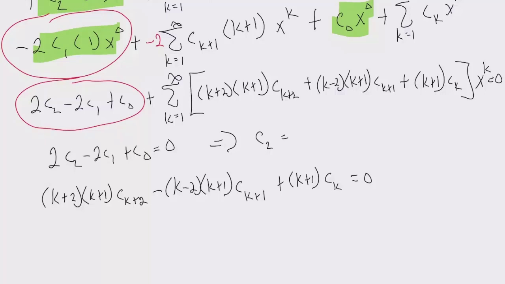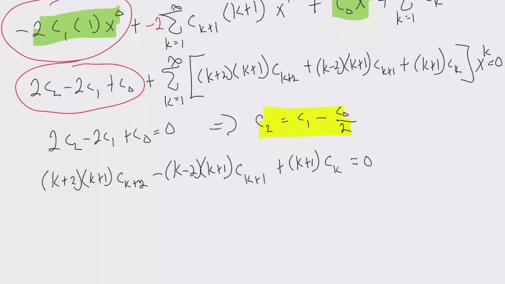So if I solve for c2, I would get c sub 1 minus c sub 0 over 2. Okay, and then same argument with the others, but the second equation I want to solve for the later term in the pattern, so in that case, c sub k plus 2.